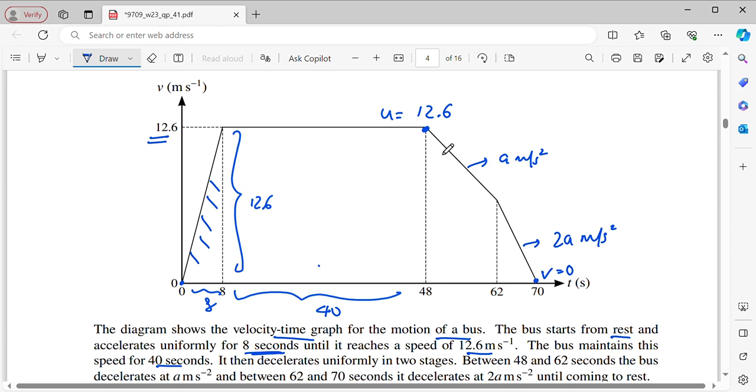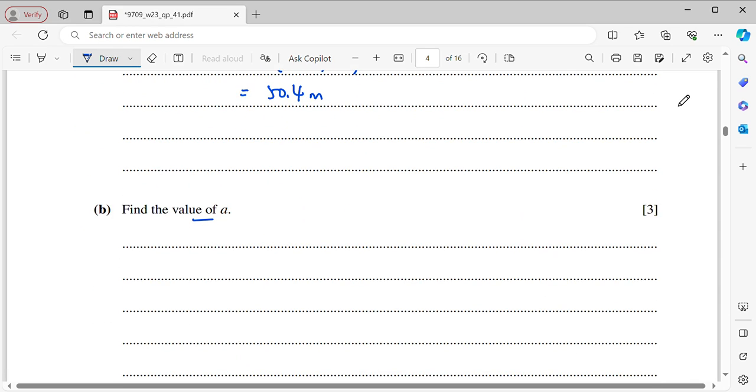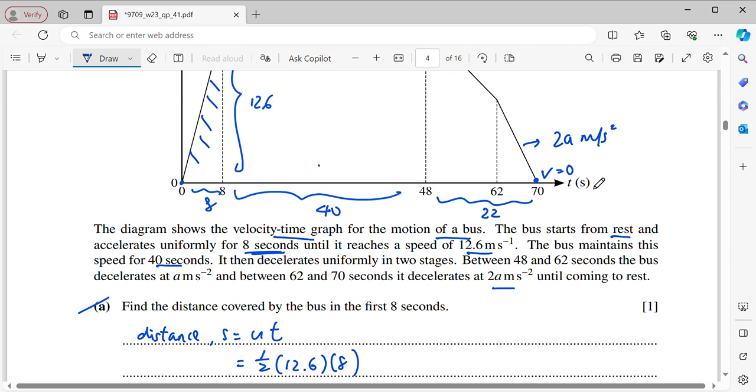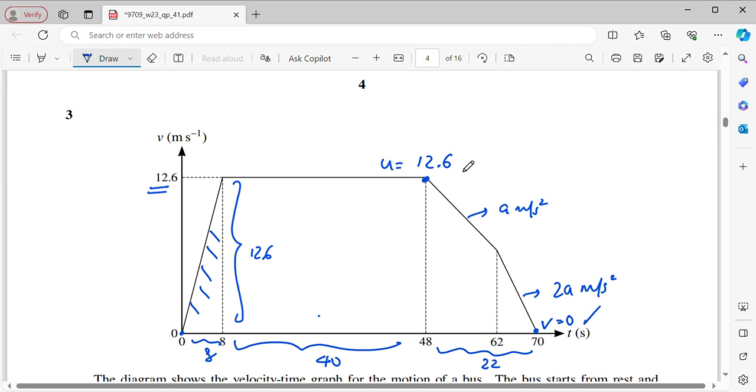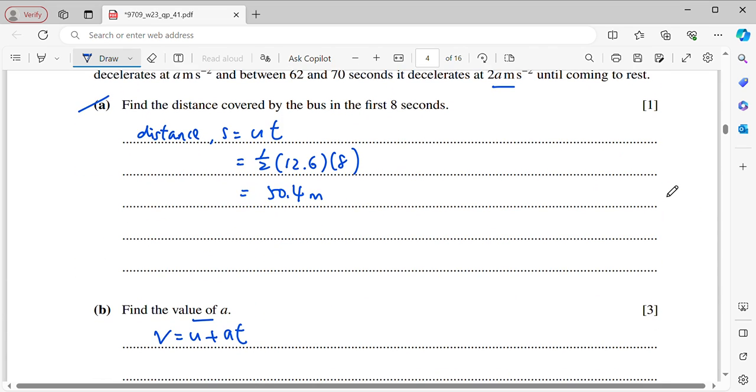Using the formula v equals u plus at, v equals 0 and u is 12.6.